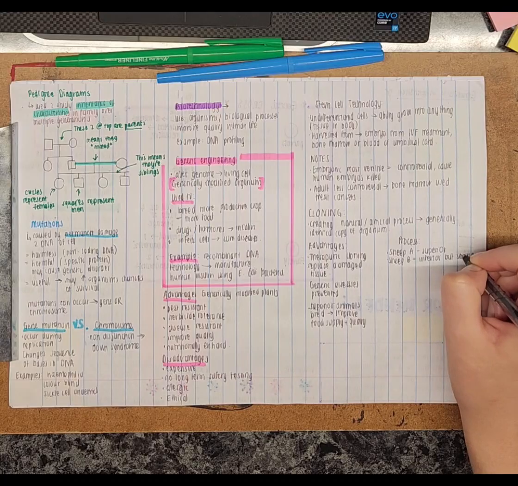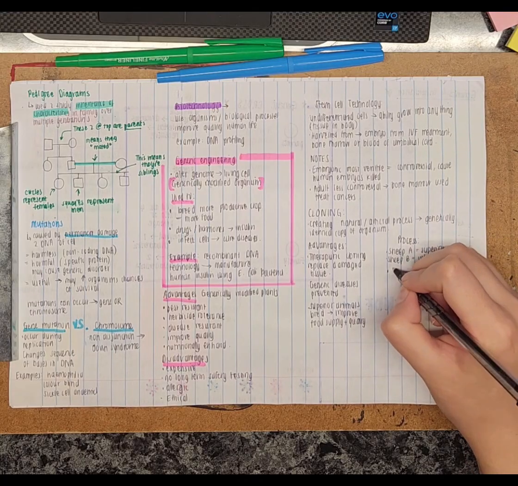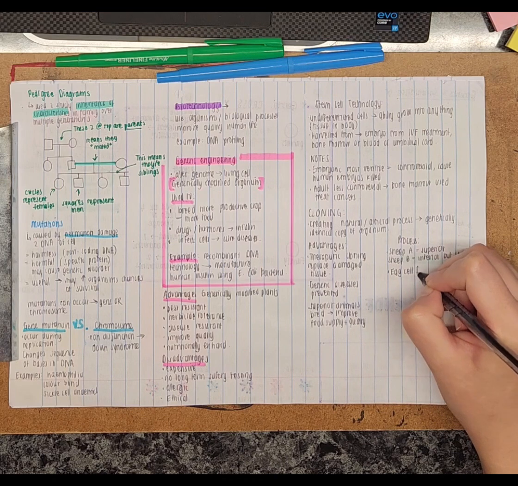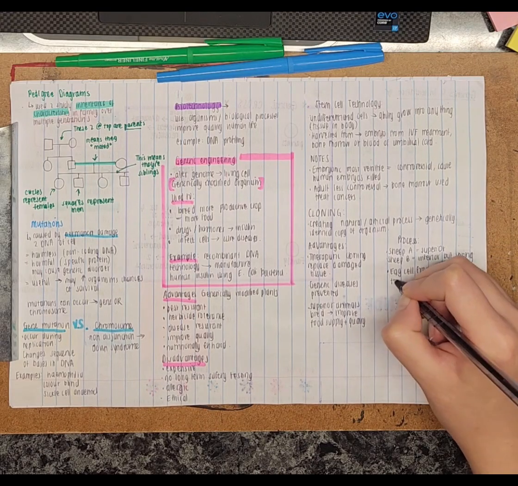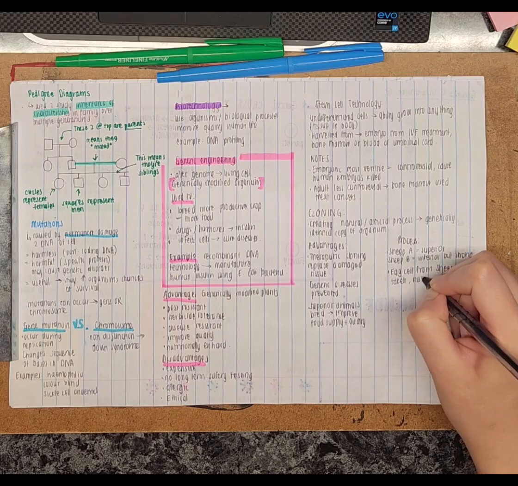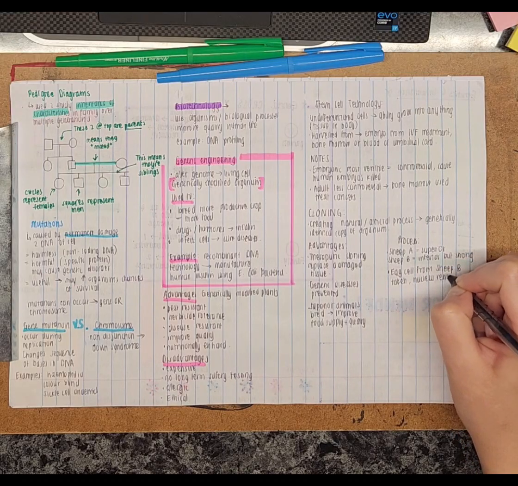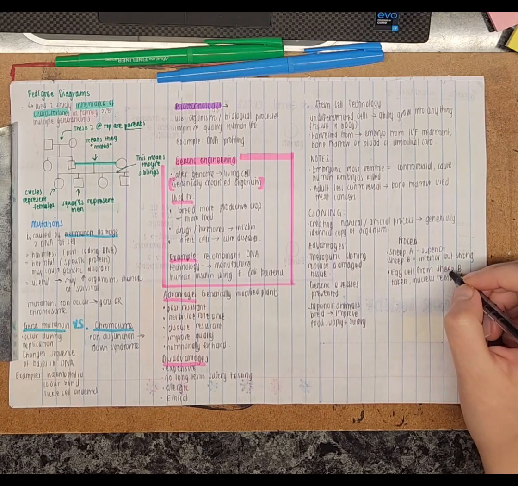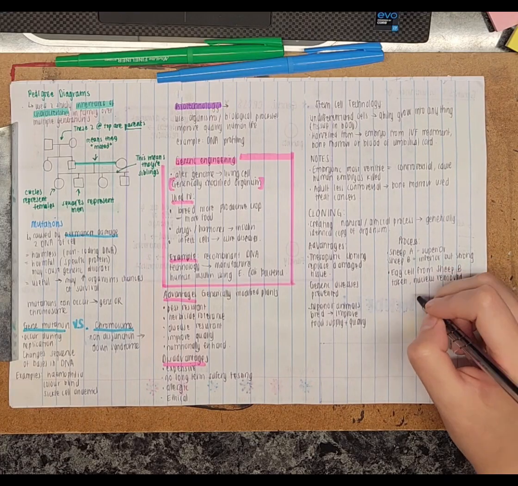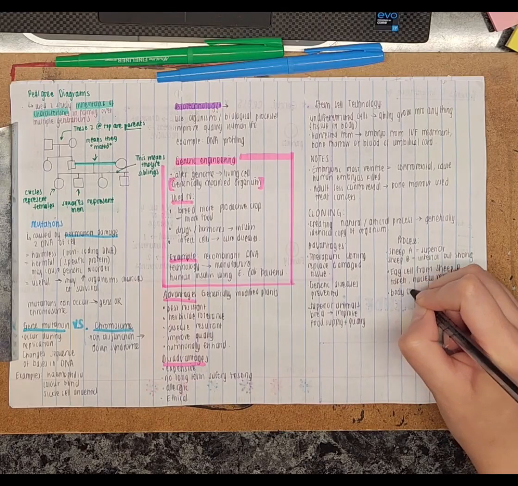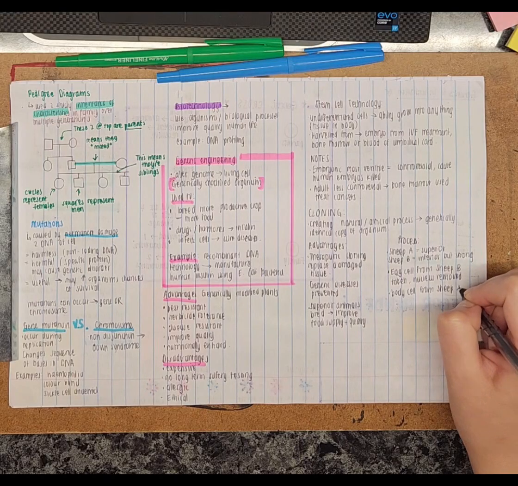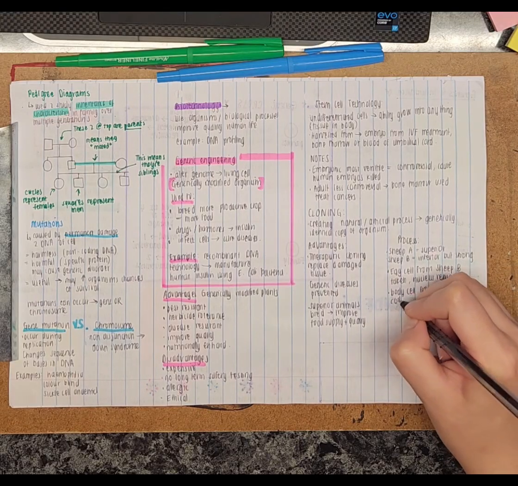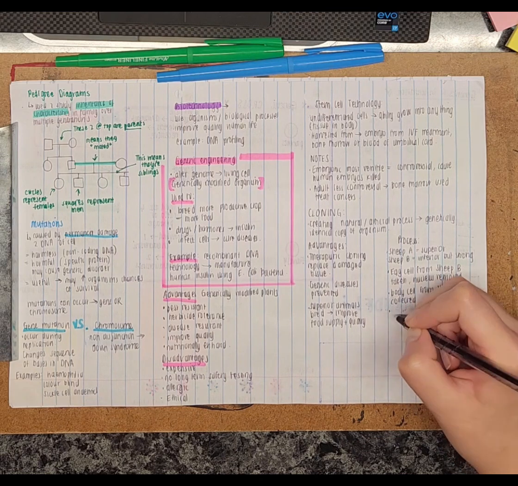The process is quite simple, actually. So, sheep A is superior. It's a great sheep. Sheep B is inferior, but it's a really strong one. So an egg cell is taken from sheep B and the nucleus is removed. Then a body cell from sheep A, our superior sheep, is collected, and the nucleus from our superior sheep is removed and inserted into the empty egg cell of the inferior sheep.